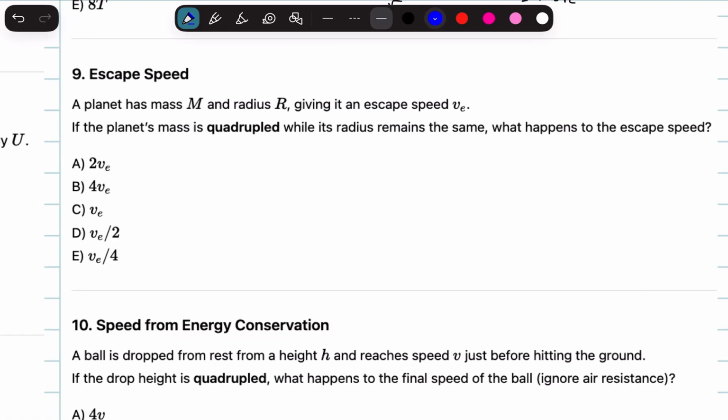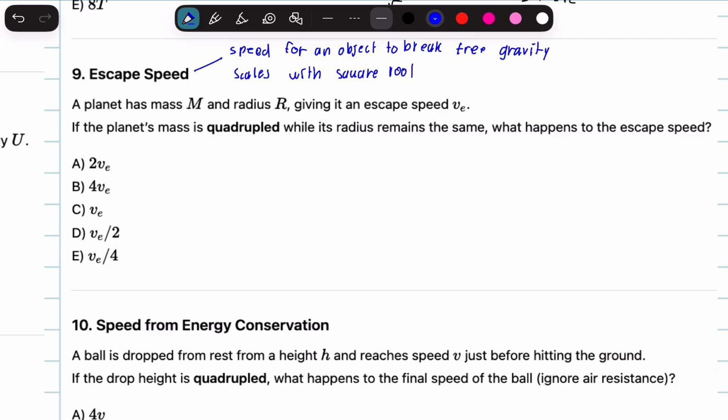Something you need to know is that escape speed is the speed needed for an object to break free from the gravity that is holding it wherever it is, and it scales with the square root of mass.